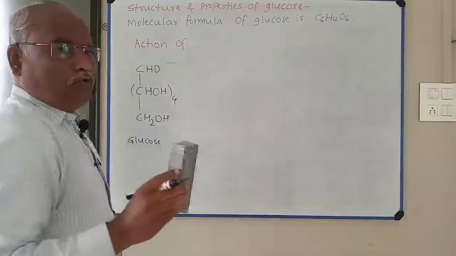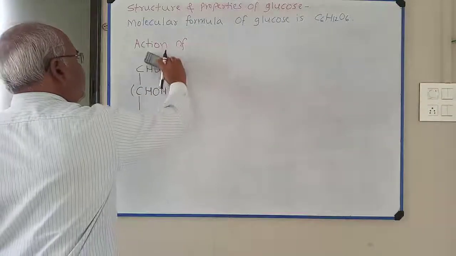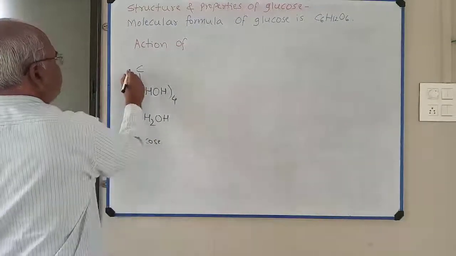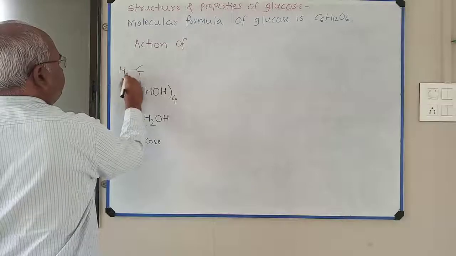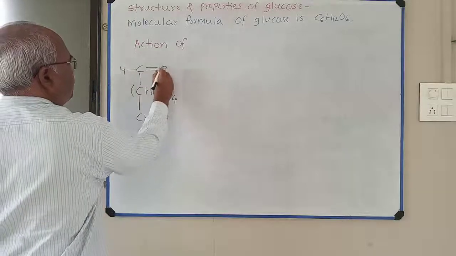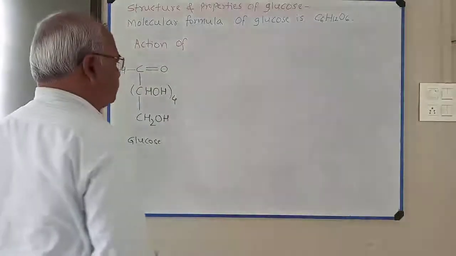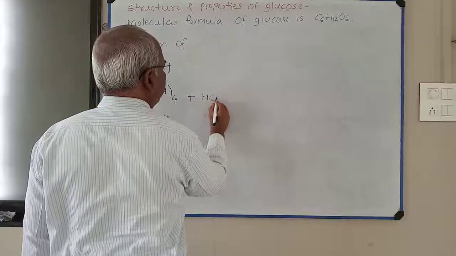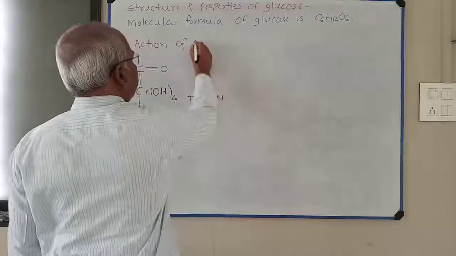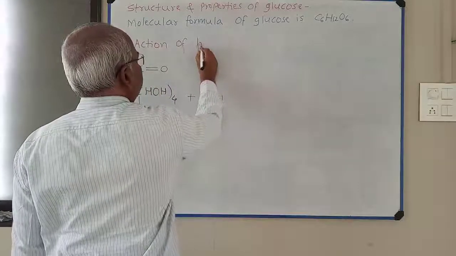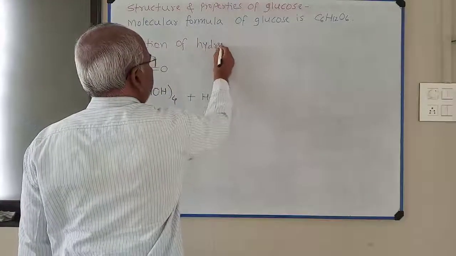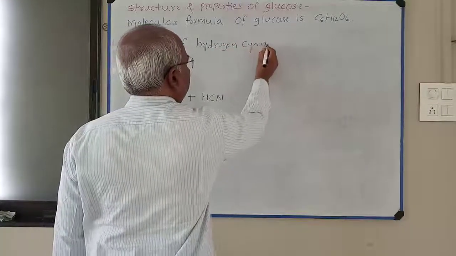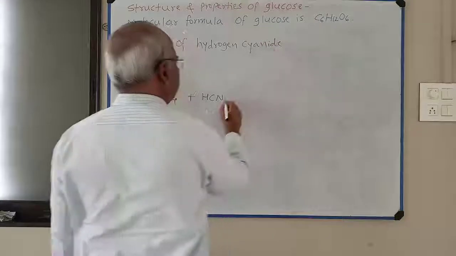This CHO group, for our understanding, I represent in this way: CH double bond O. So third reaction I am going to explain: action of hydrogen cyanide, HCN.